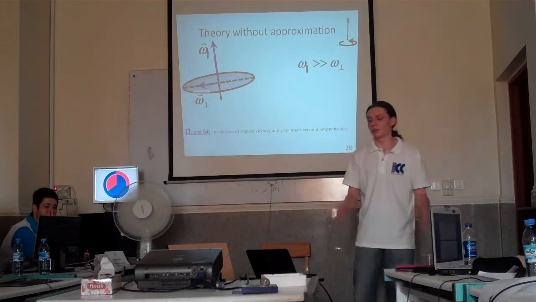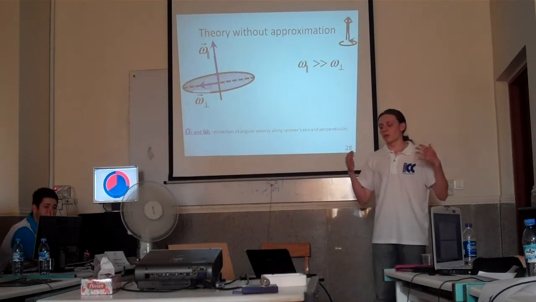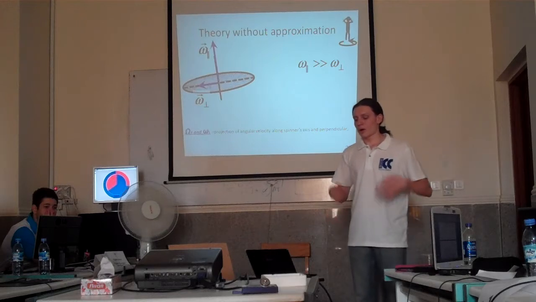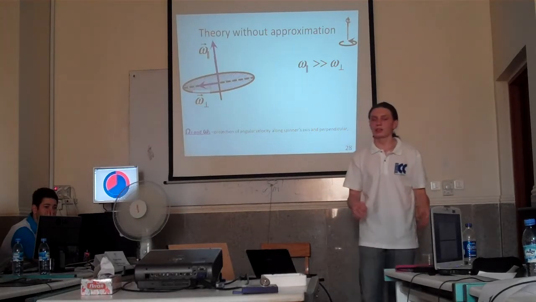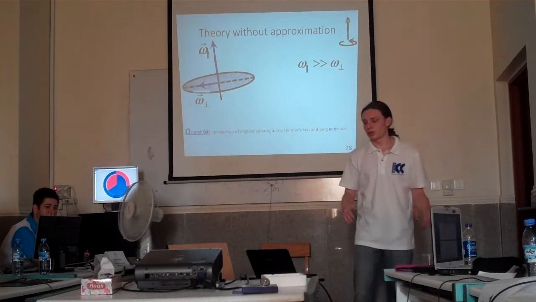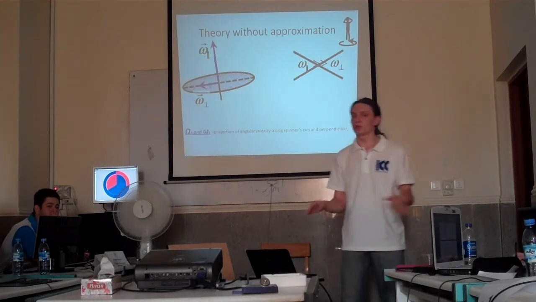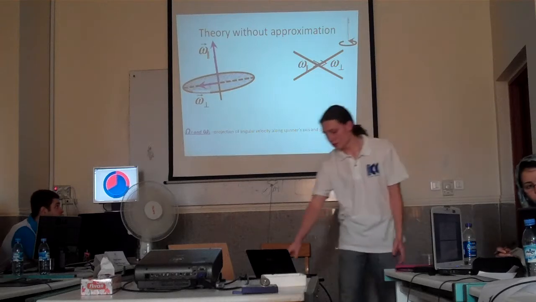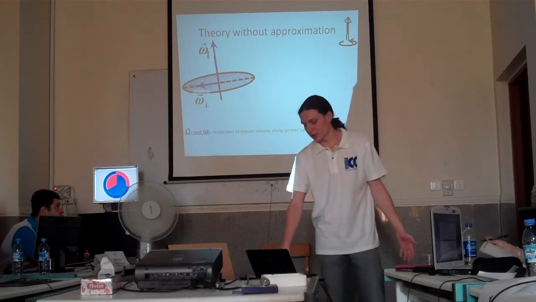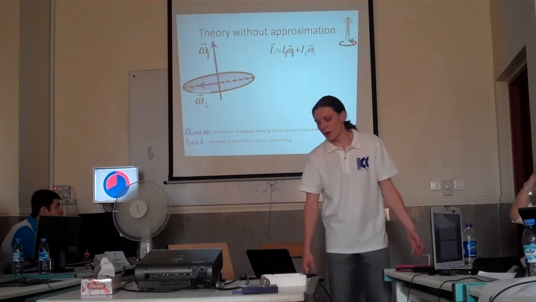Well, it was the theory with the approximation that our omega, the angular velocity along the spinner axis, is much more than the angular velocity perpendicular to the spinner's axis. But if we don't include this approximation, we may get the condition for stability.